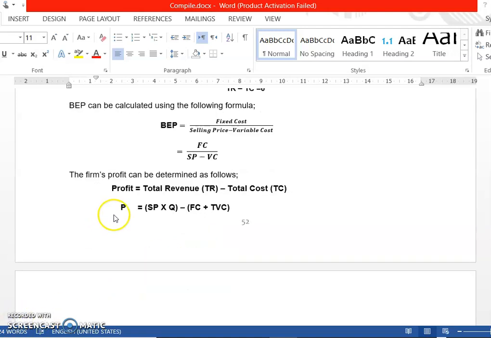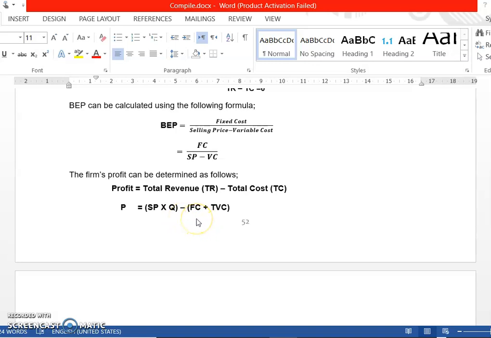Okay, so from that we can calculate the profit. Profit is total revenue minus total cost. In total revenue, we have selling price multiplied by Q, which is quantity, then minus the total cost.